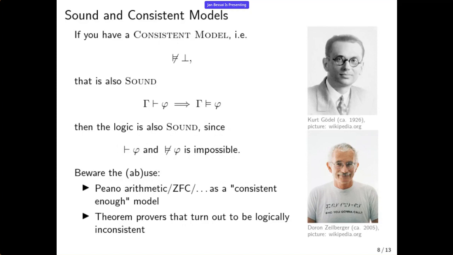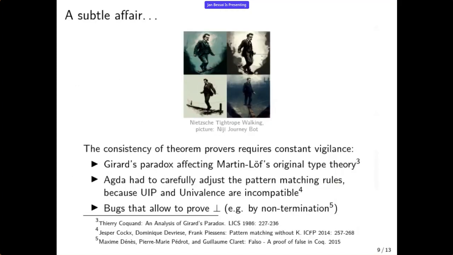Maybe more relevant for us in software verification is that we often use theorem provers to model our systems. And those, of course, could also be logically inconsistent. And it will require constant vigilance to actually check that those remain consistent, because they could have bugs, for example.